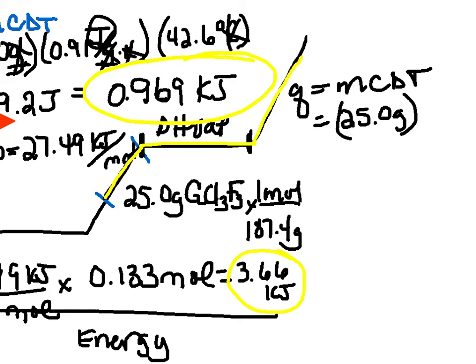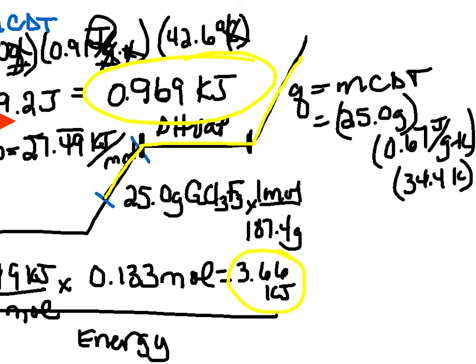Our specific heat that we want to use, now we're in the gas phase, so we have to use the specific heat of the gas. And our specific heat for the gas is 0.67 joules per gram Kelvin. And our delta T, T final minus T initial for this section of the graph, is going to be our peak of 82 degrees Celsius minus the boiling point of 47.6, which gives us a delta T of 34.4 Kelvin.